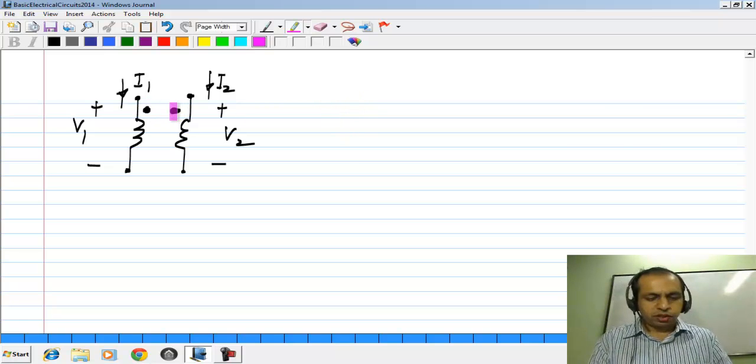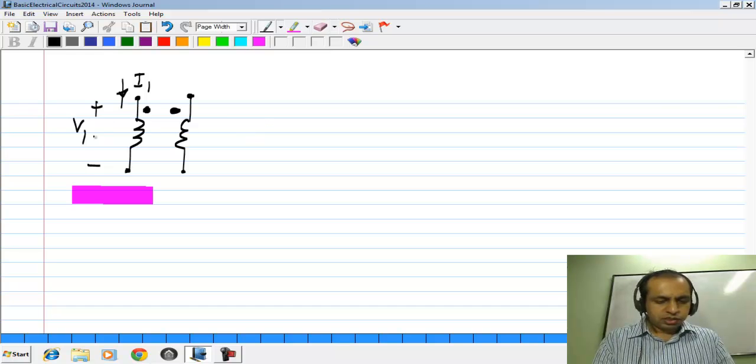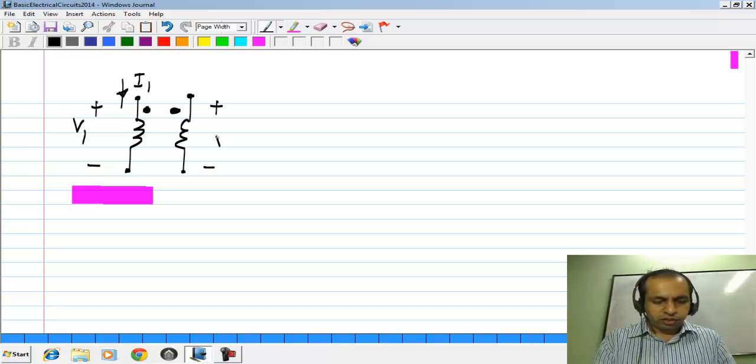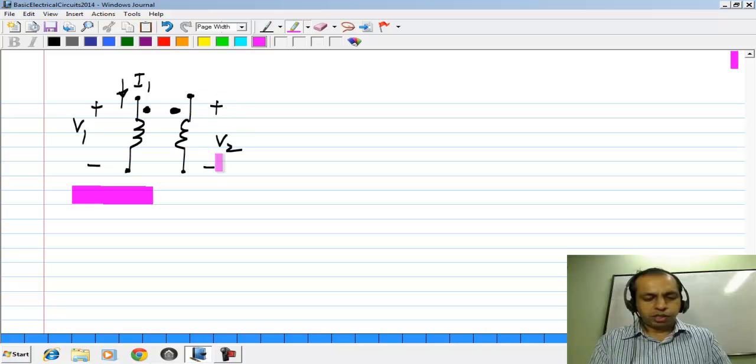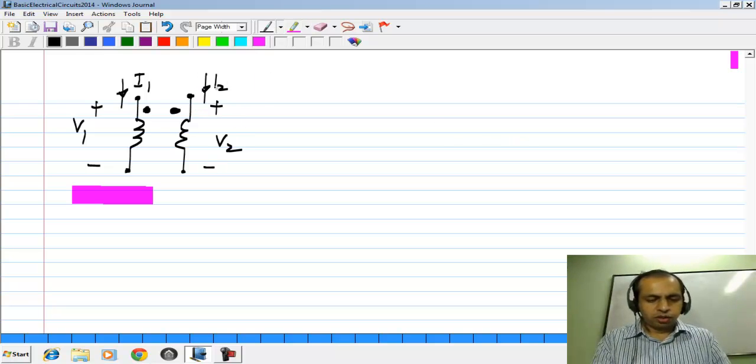So once you are given the dots, let's say you choose V1 this way. For the definition of V1, the terminal with the dot is positive and I1 flows into the dot. Then you take V2 also with the terminal with the dot being positive and I2 flowing into the dot.